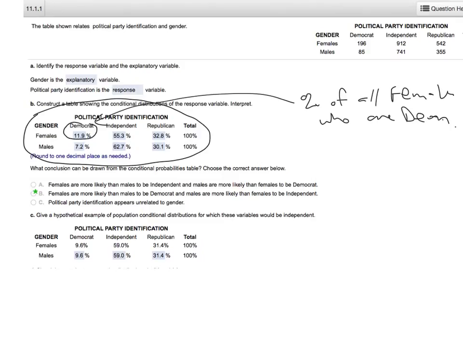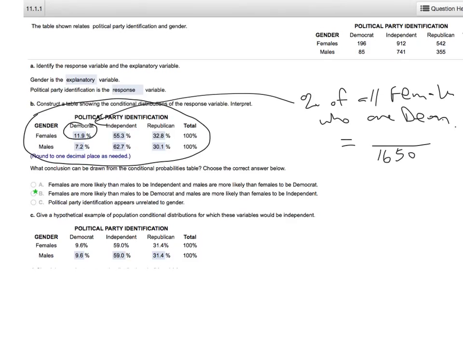The way we can calculate that is, in our table, here's our data table up here, we need the percentage of all females. So we need to know how many females there are all together. And I forgot to add these up before I did this. Hang on a second, let me get a calculator. Okay, success. So the percentage of all females who are Democrats, the total number of females, if I've added numbers correctly, is 1,650.